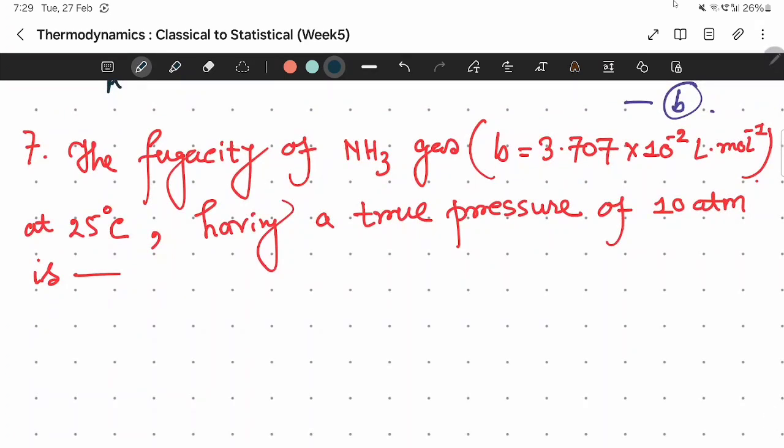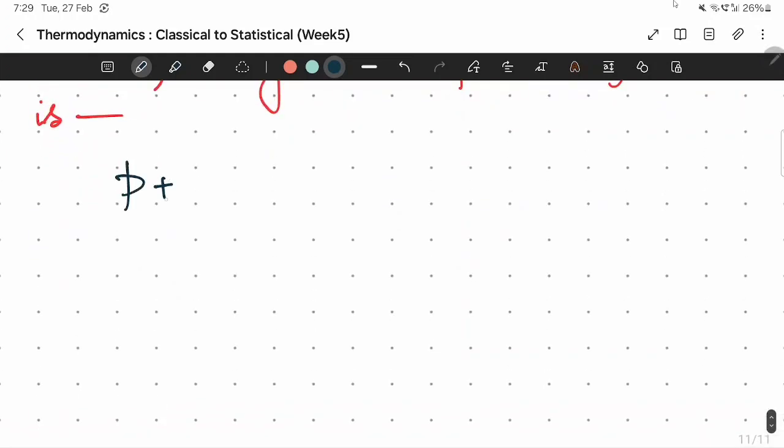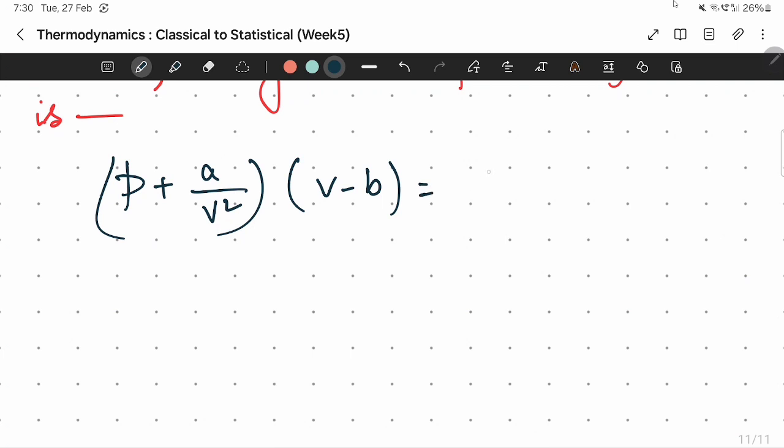If you remember, this is the Van der Waals equation. When attraction is dominating, we ignore this part, and when repulsion is dominating, this part is omitted. But considering this equation, we can't reach a final form.